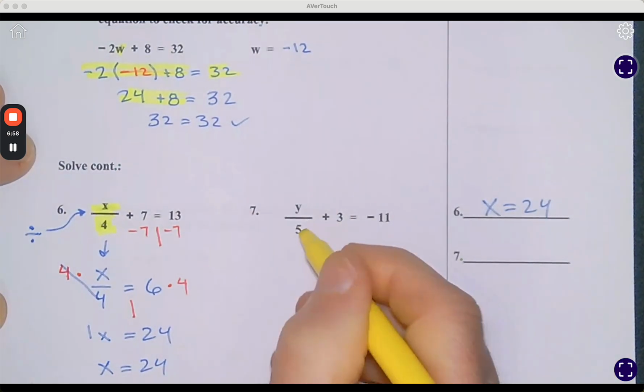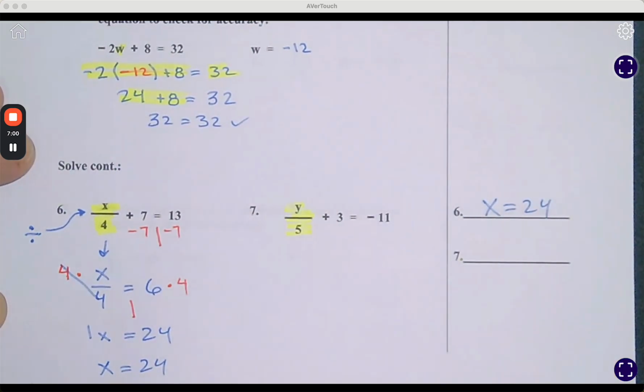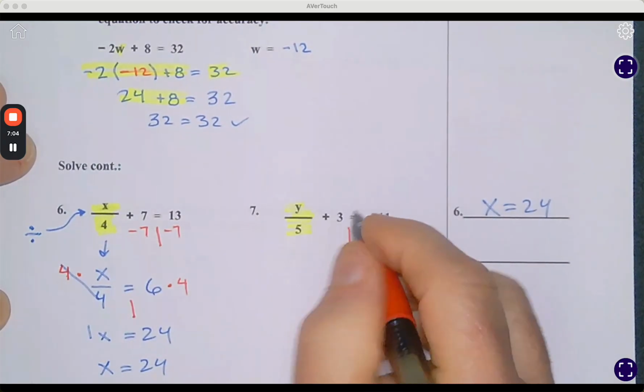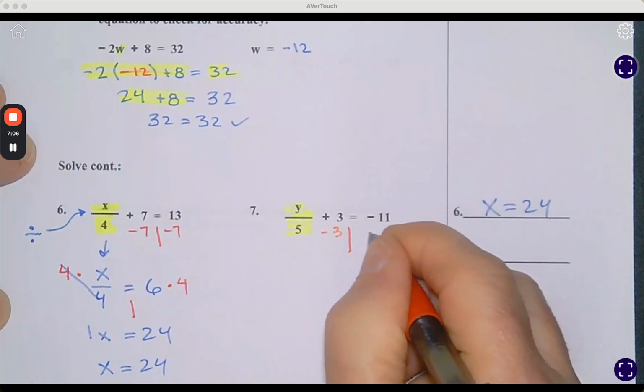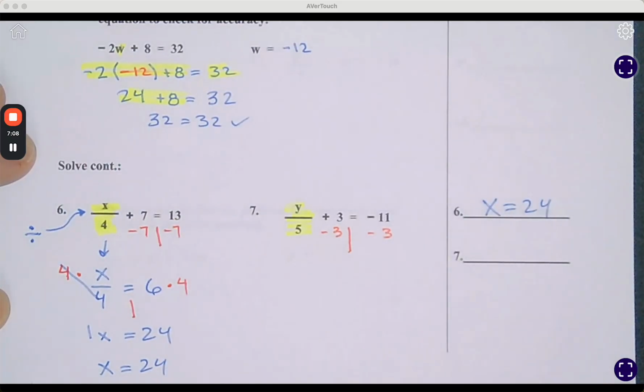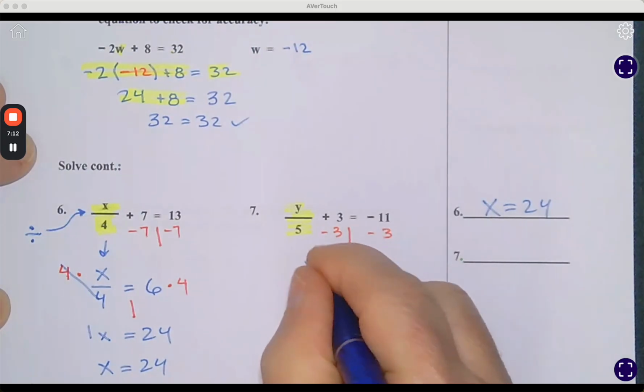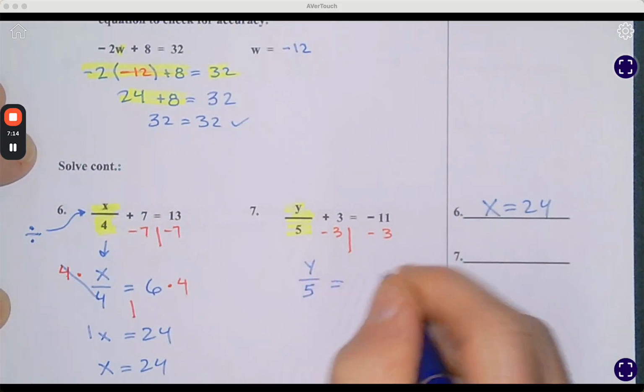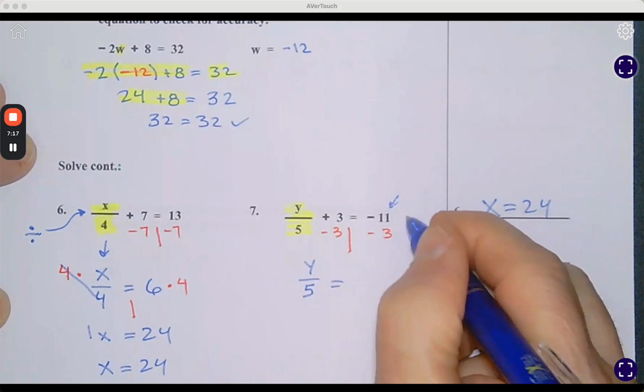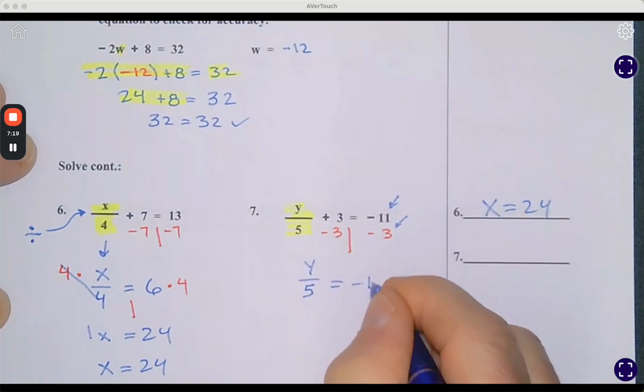Identify that variable term. There's my variable y. Inverse operations. Opposite of plus 3 is minus 3, minus 3. So now I got y over 5 is equal to 11 negatives and 3 negatives is 14 negatives.